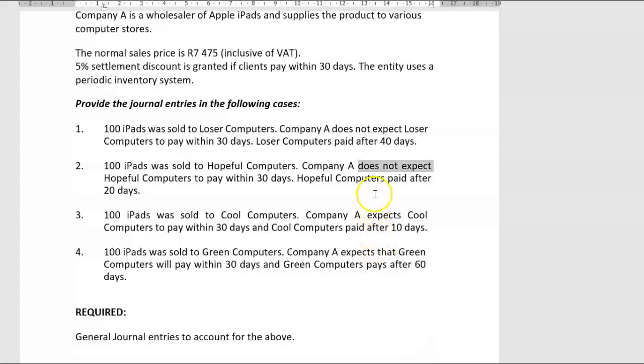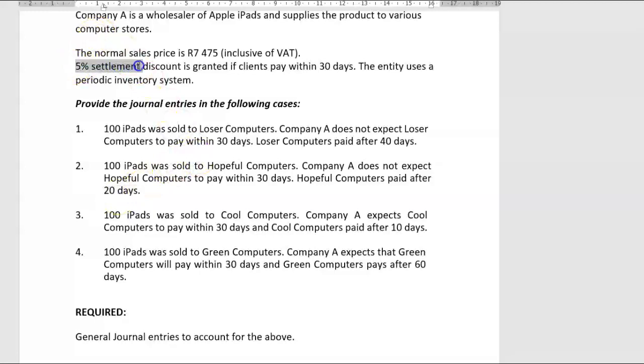Now payment takes place. Hopeful Computers paid after 20 days. So what is the first question that I ask myself? Did they pay within the settlement period? The settlement period is 30 days. So the answer is yes. Now, if they pay within the settlement period, how much would they have paid?